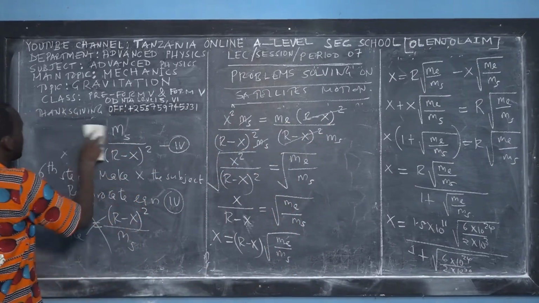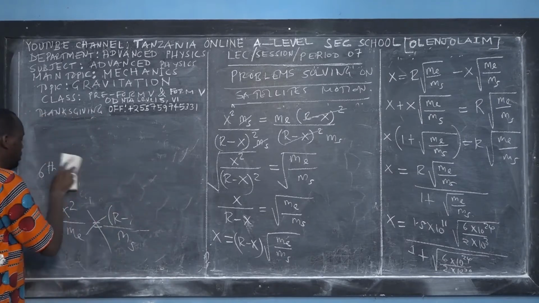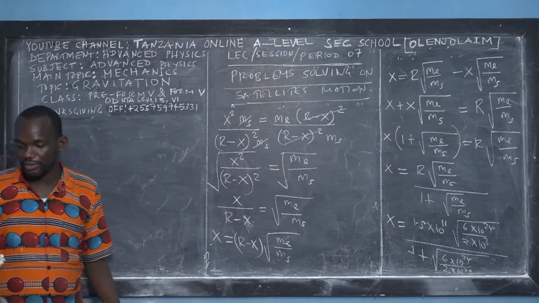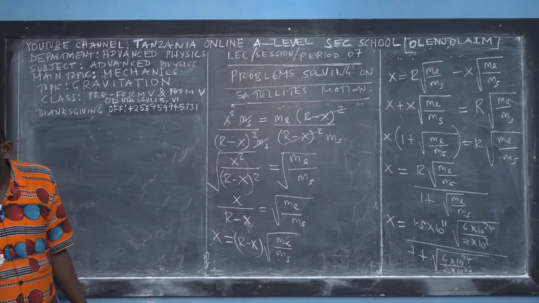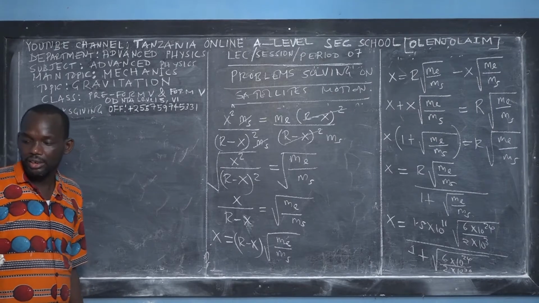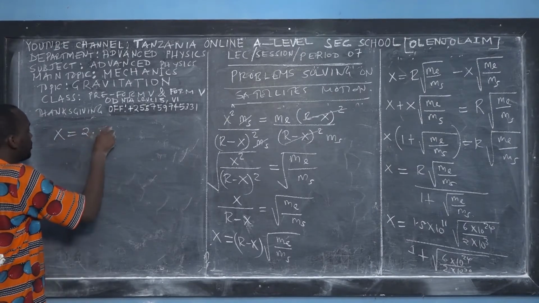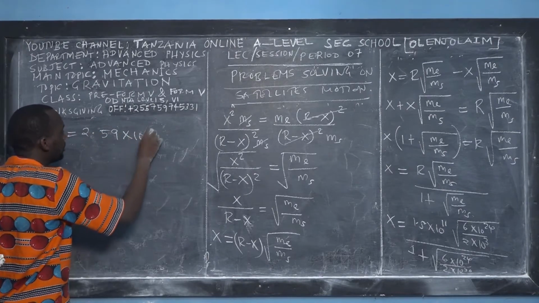So by using your scientific calculator, the value of x, which will be the distance from the Earth's surface, is 2.59 exponent 8 meter.